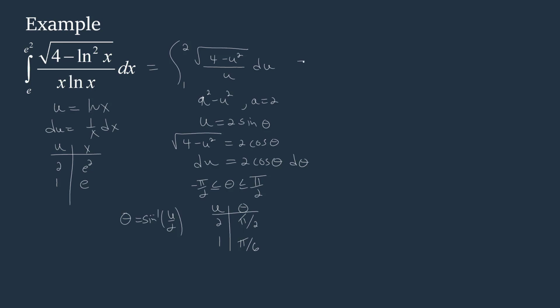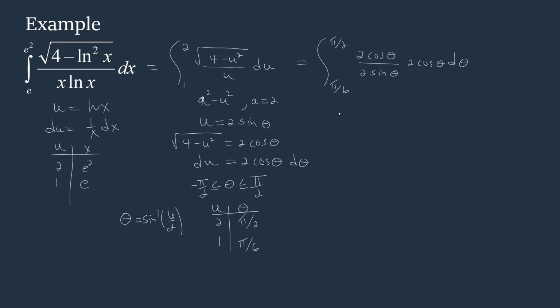So then this is the same as writing the integration from pi over 6 to pi over 2 of, well, the numerator would be 2 times the cosine of theta, that u is 2 times the sine of theta, and the du is 2 times the cosine of theta d theta.